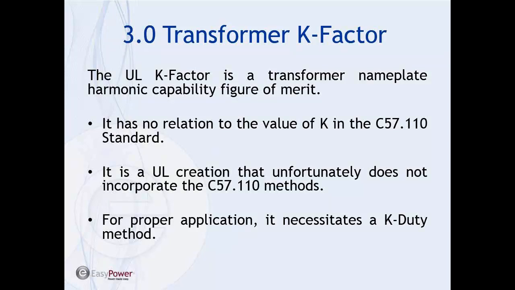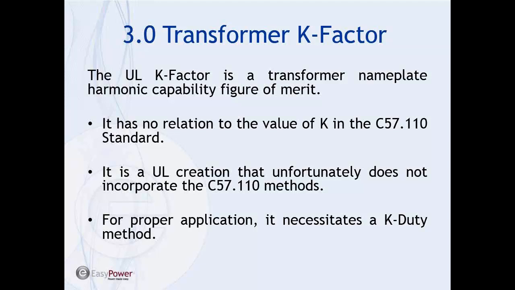In reality, K factor, which is created by Underwriters Laboratory, is a transformer nameplate harmonic capability figure of merit. That's a kind of a big title, but that's how I like to term it. It's a figure of merit that you put on a nameplate. Now, interestingly, it has no relation to the value of K in the C57-110 standard.